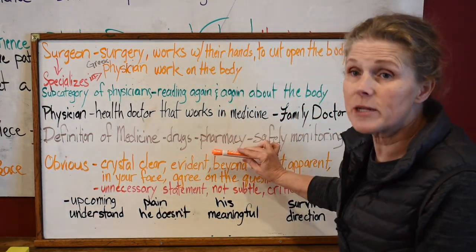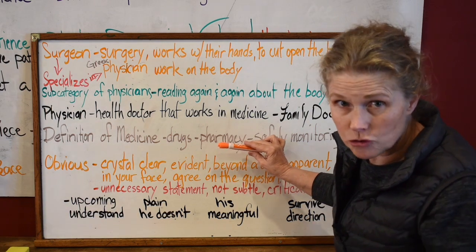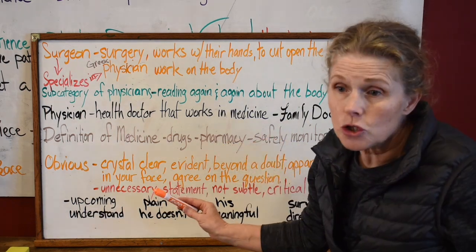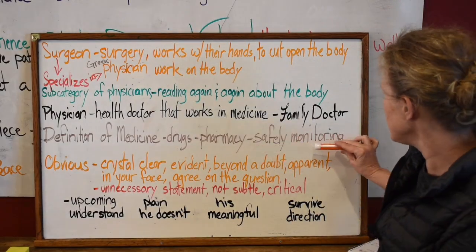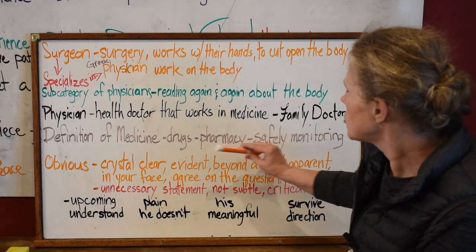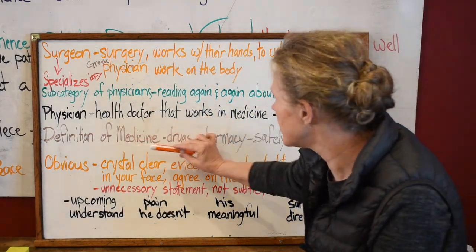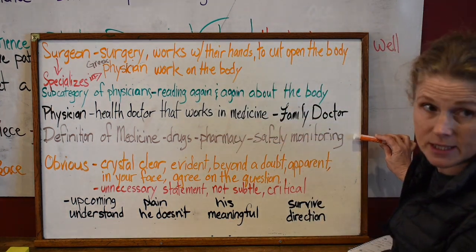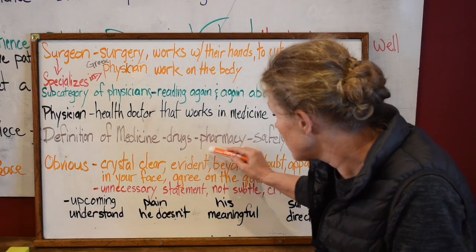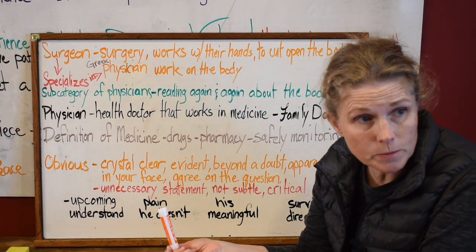Now, if you see pharmacy, you know it's all about drugs. Pharmacy has nothing to do with herbs. It's about drugs that we're safely monitoring, okay? So that's what the pharmacy does. That means we are doing this safely. When you see pharmacy, is that herbs?